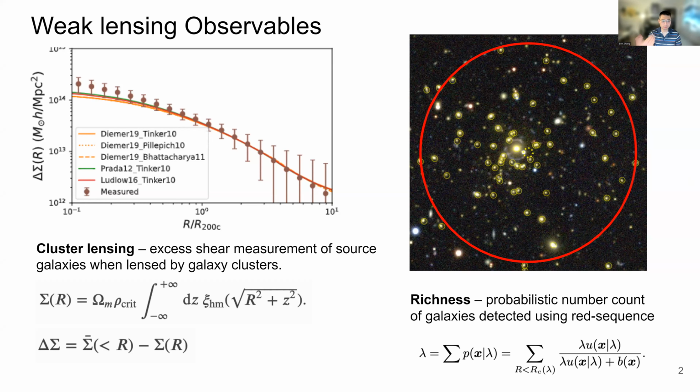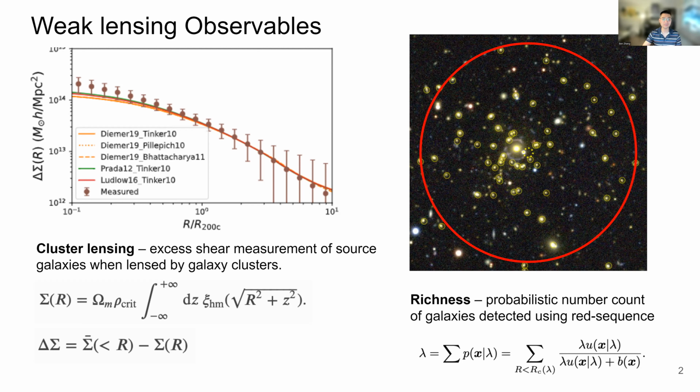In real data, we use the excess shear measurement of the galaxies as a proxy. In simulations, we have access to the dark matter particles, and we directly compute the excess surface density of the dark matter particles. The second observable is a quantity called richness. To first order, this is a number count of the galaxies inside the galaxy cluster.